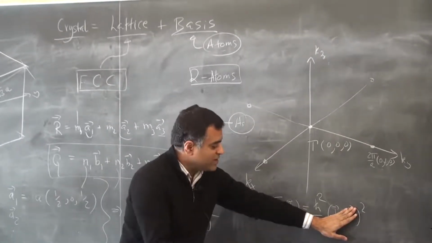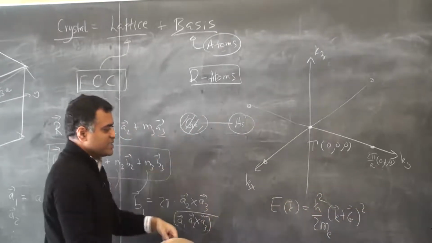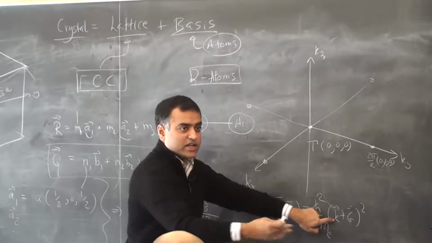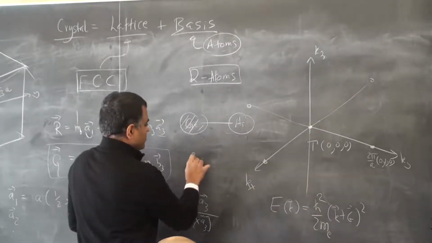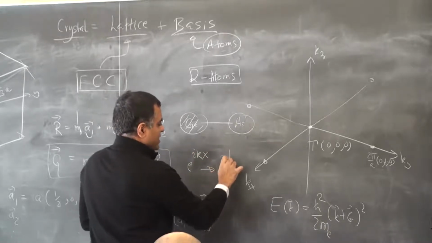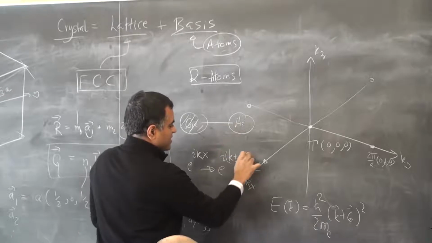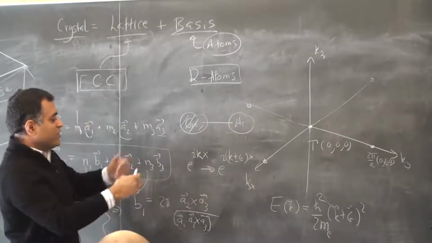Because you have a periodic potential and you have scattering, it mixes up states of k plus g, k minus g, all kinds of things. So your wave functions look like e to the power i k x in the free electron case, and become e to the power i (k plus or minus g) x.